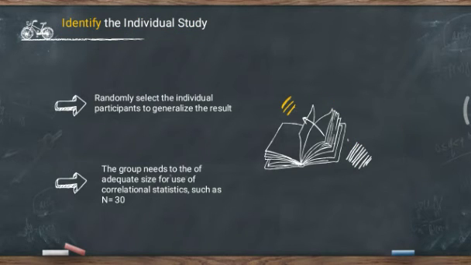While identifying the individuals to study means randomly selecting the individual participants to generalize the results, and the group needs to be of adequate size for use of correlational statistics, such as N equals 30.